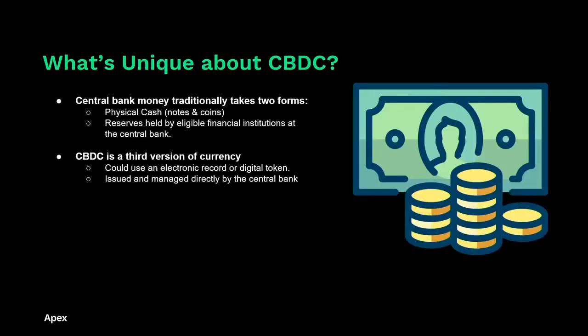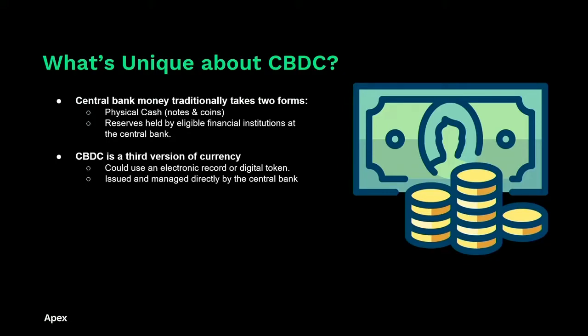So if we think about what's unique about a CBDC versus what we have now, we've all dealt with physical cash, so notes, coins, a dollar that you hold in your hand. This other type of money, though, is reserves held by these institutions. These are the two primary things that central banks issue when we think of central bank money.